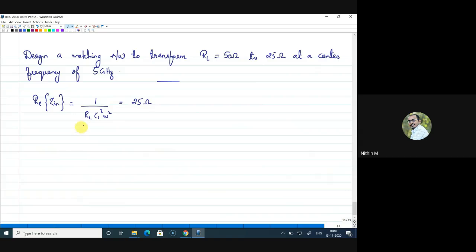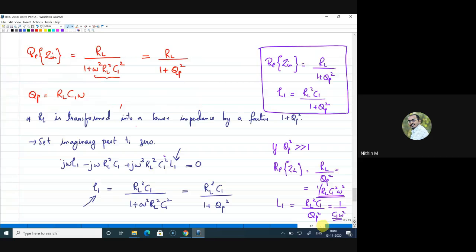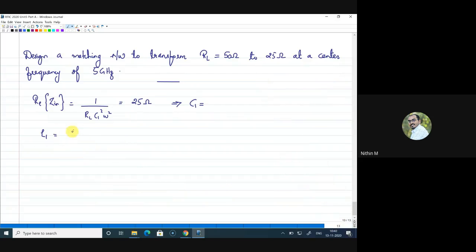Now I know the value of RL, omega is known, so this will give you the C1 value. If C1 is known, I can directly find L1, which is 1 by C1 into omega square. So can I get C1 and L1 values?